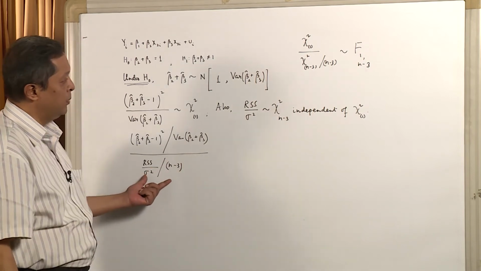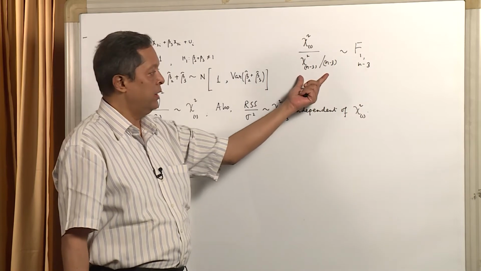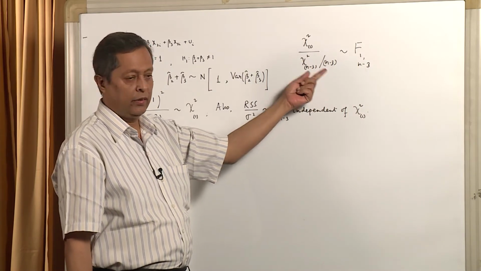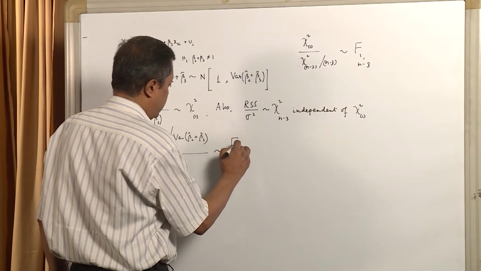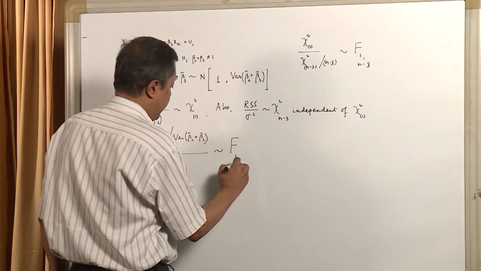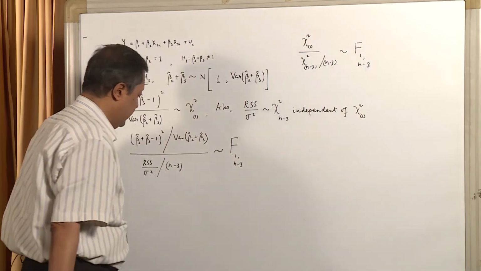So, that denominator is the chi-square here divided by its degrees of freedom, and that therefore follows an F distribution with 1 and n minus 3 degrees of freedom.